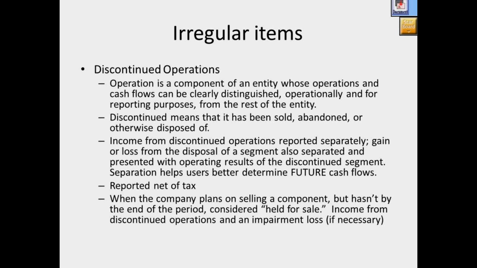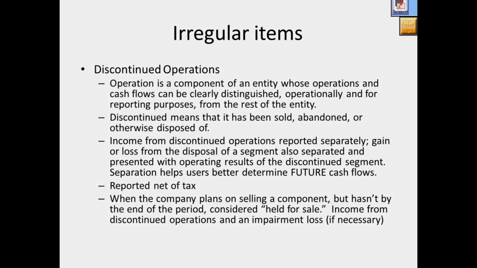It's that I use all these machines to create product one in a totally separate factory. I use all these other machines to create product two. The two don't really mix very much, and I can completely dispose of product two without interfering with the operations of product one.